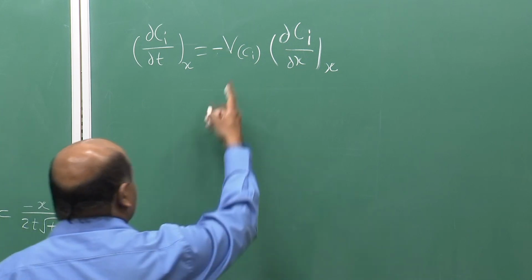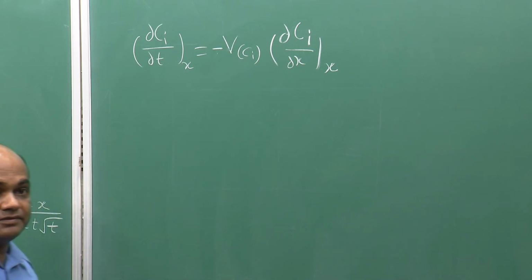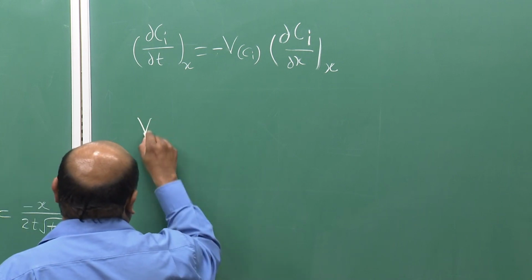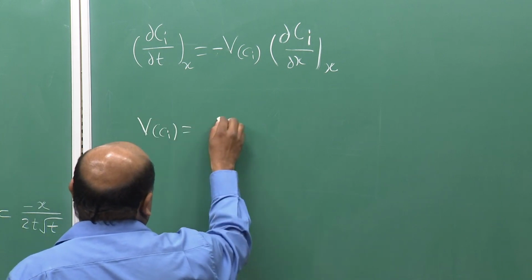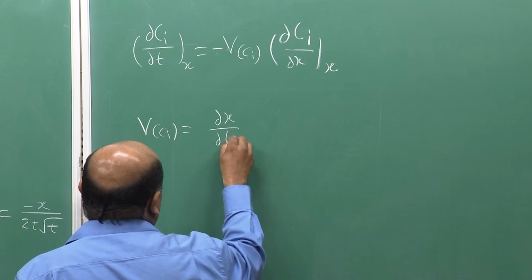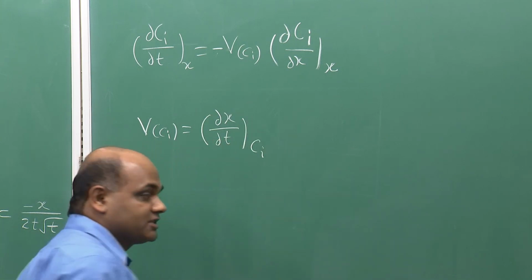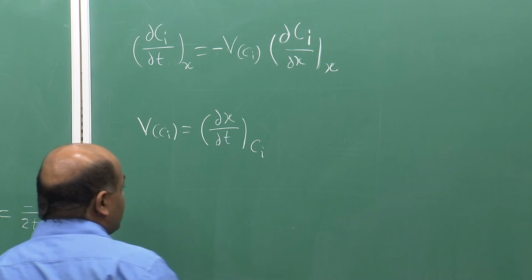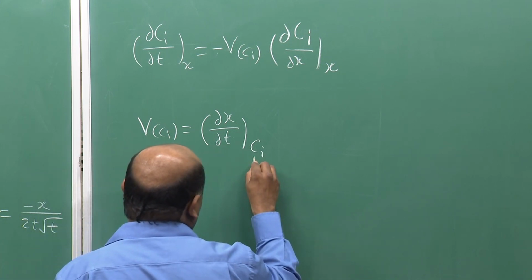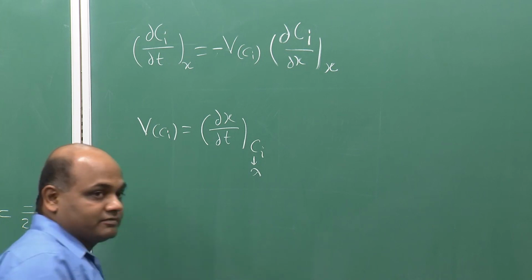Now, let us try to find out this V of Ci. V of Ci is dou x by dou t for Ci, and since Ci is a function of lambda, we can write this as dou x by dou t at given lambda.